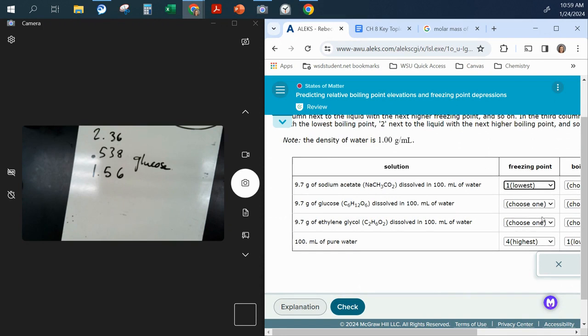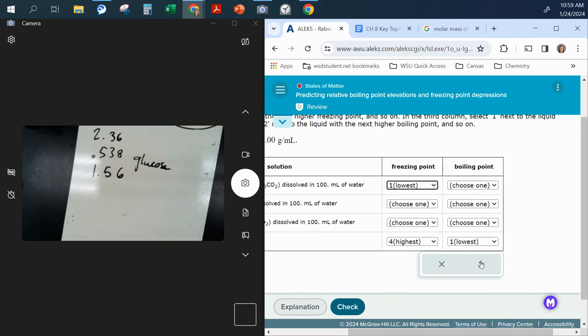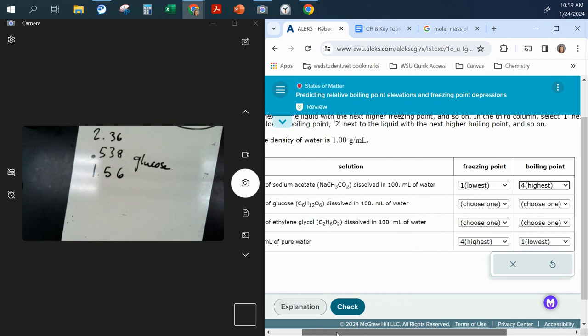And do the opposite, it's going to increase the boiling point the most. Does that make sense? So the biggest number is going to have the biggest effect. The second number is ethylene glycol. It's going to have the second greatest effect, and the second highest boiling point. So I'm just ranking them based on my little chart.